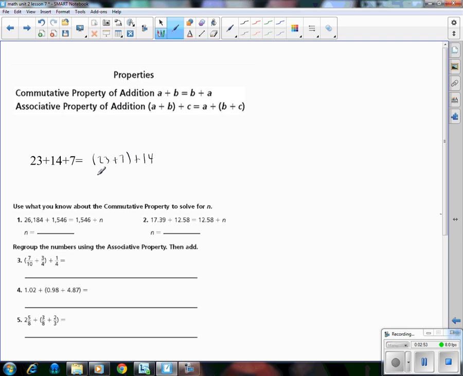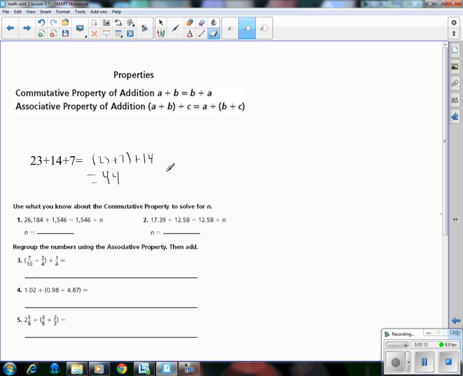Regrouping it this way, 23 plus 7 gives me 30, plus 14 gives me an answer of 44. And I'm able to do that mentally just by regrouping those numbers to make that addition a little bit easier.